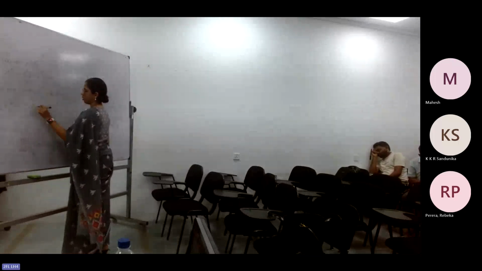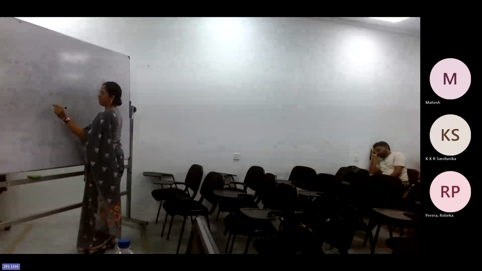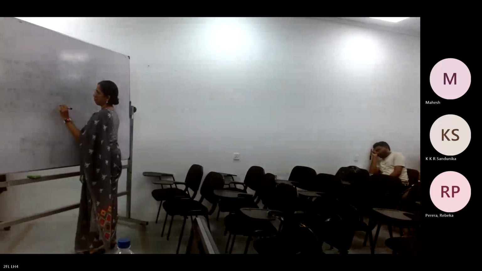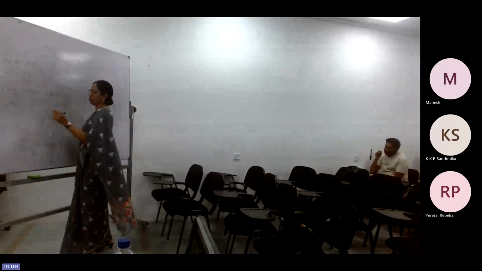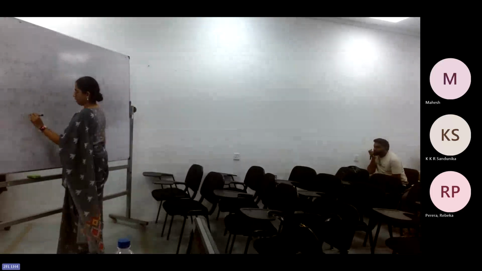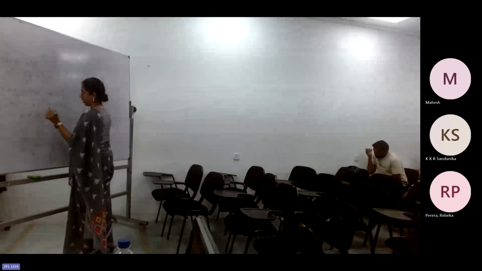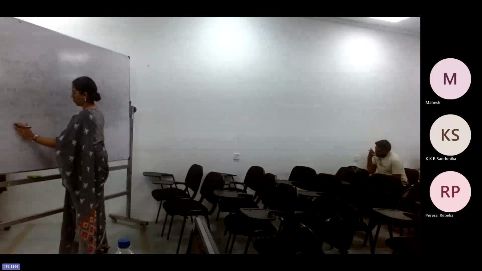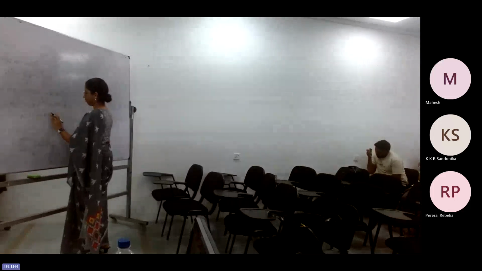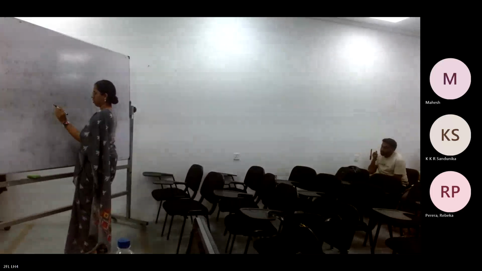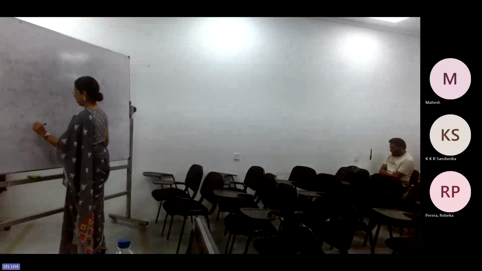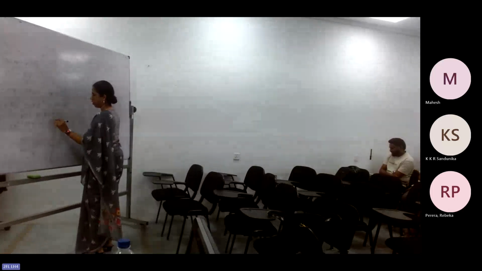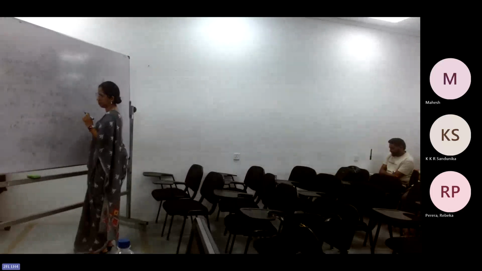So it's 3x squared minus 57x. Okay. Right. For the profit maximization condition, MR should be equal to MC. So MC, 3x squared minus 57x, should be equal to 100 minus 2x.